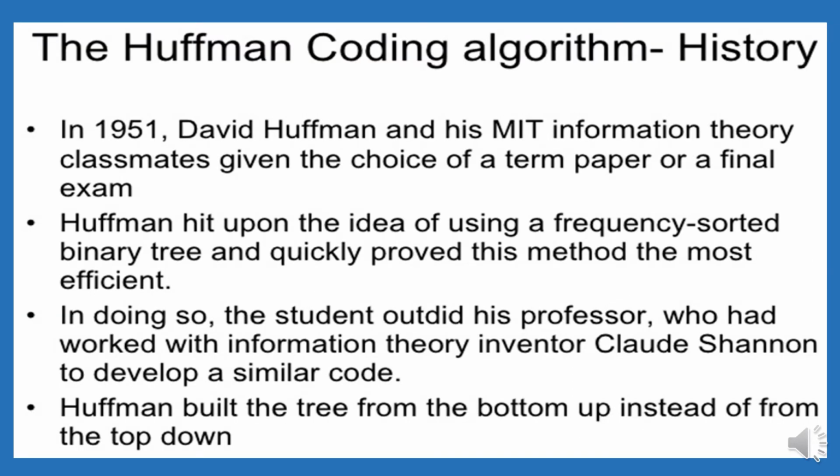Now see the Huffman coding algorithm, and the history behind it. In 1951, David Huffman and his MIT information theory classmates, given the choice of a term paper or a final exam, Huffman hit upon the idea of using a frequency sorted binary tree and quickly proved this method the most efficient.